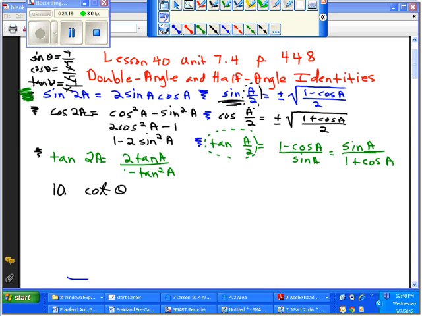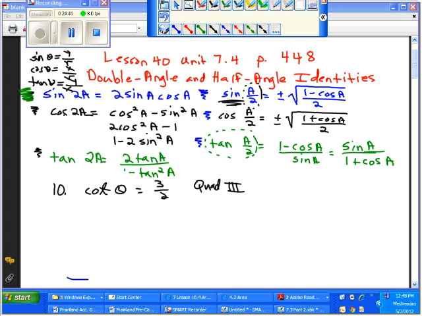Cotangent of theta is equal to 3 over 2. And it says we're talking about 180 less than theta less than 270, which means quadrant 3.